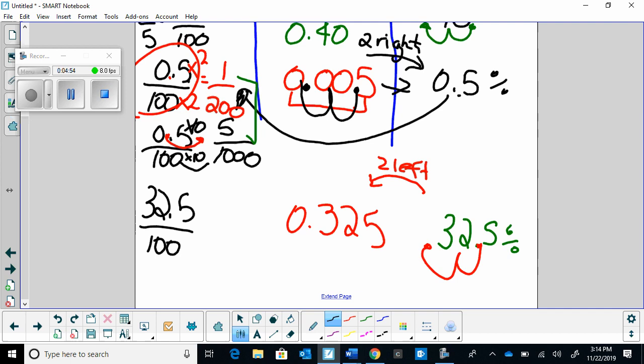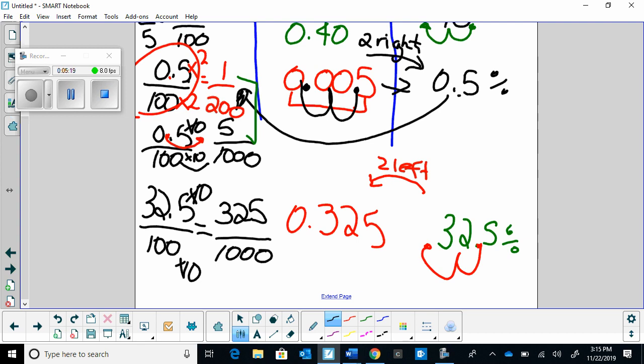To get rid of this decimal point, we could do a number of different things. The simplest one right now is to make it out of 1,000. If we multiply the top and the bottom by 10, this becomes 325 out of 1,000, which is an equivalent fraction to 32.5 out of 100.